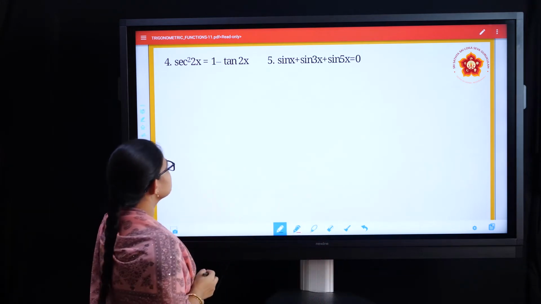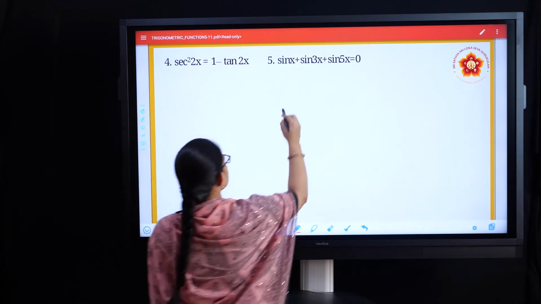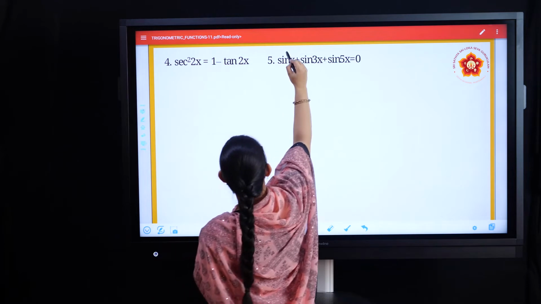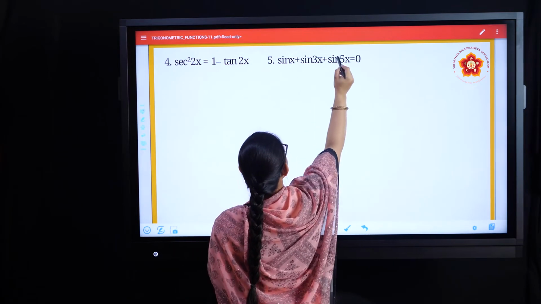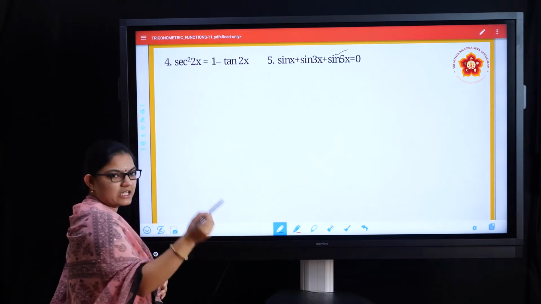Let us see the next problem. Sin x plus sin 3x plus sin 5x is equal to 0. So let us apply the formula for the sin x and sin 5x, that is sin x plus sin 5x.